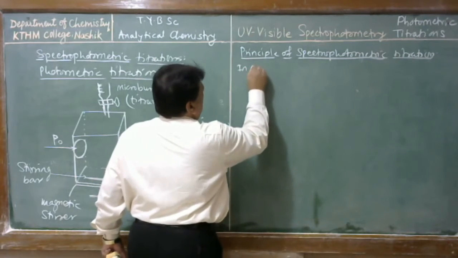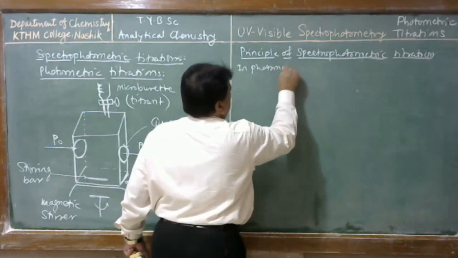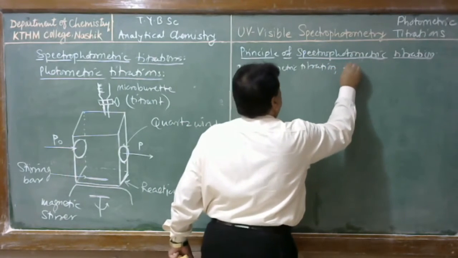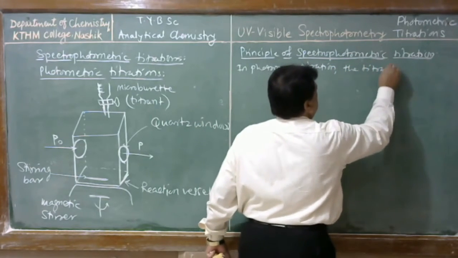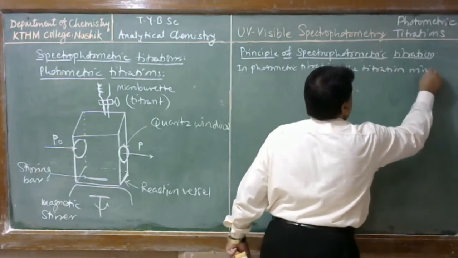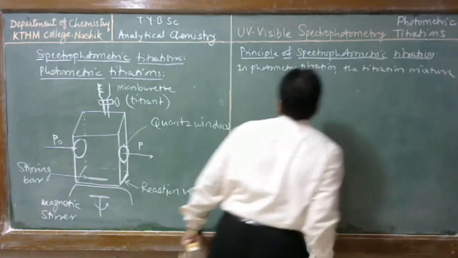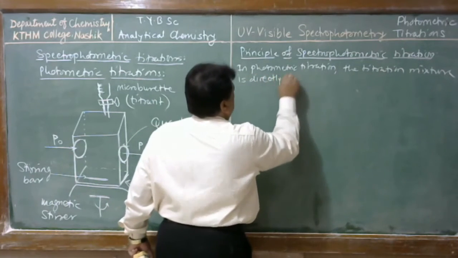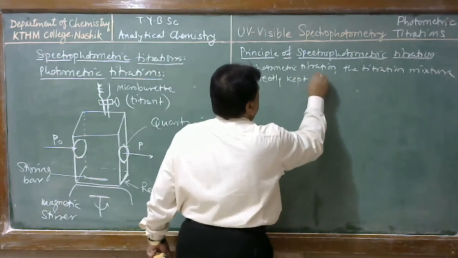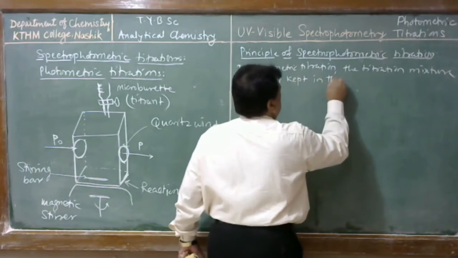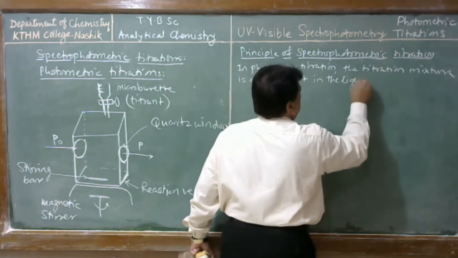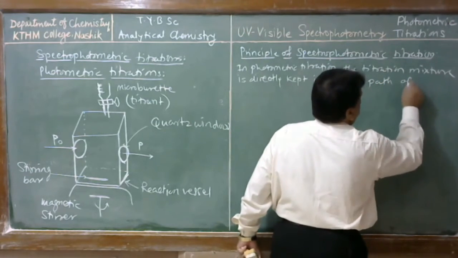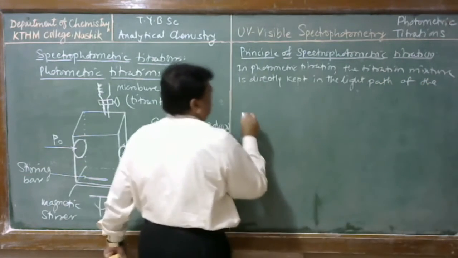In photometric titration, the titration mixture is directly kept in the light path of the instrument.